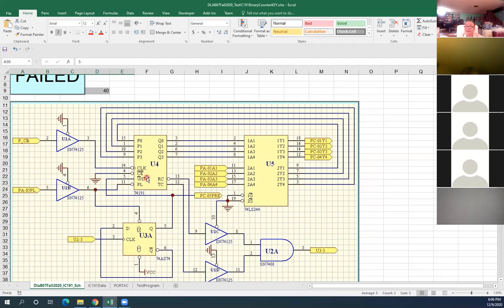But the thing is, U4, but still get missing one. Can you tell me? On that counting down.